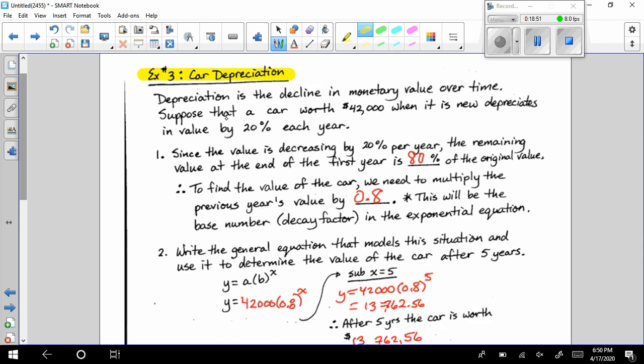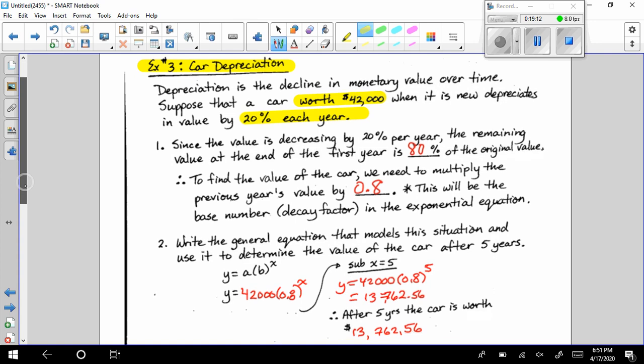So in this scenario, we're working with a car that has an initial value of $42,000, and it depreciates in value by 20% per year. Incidentally, most vehicles tend to depreciate between 15 to 20% each year that a person owns it.